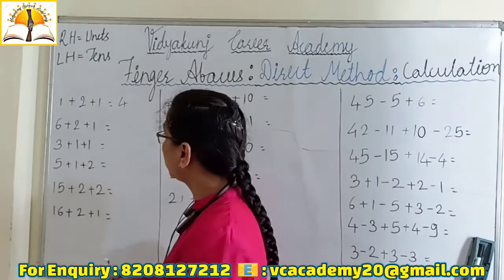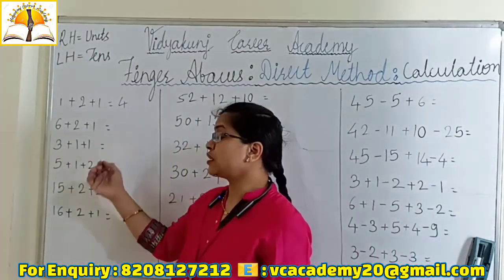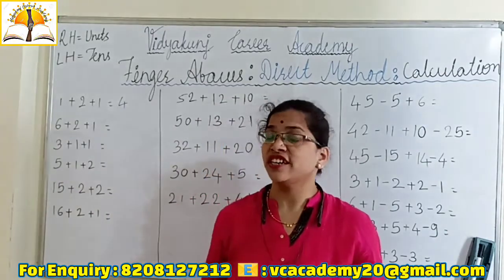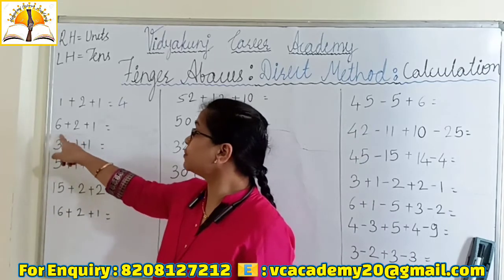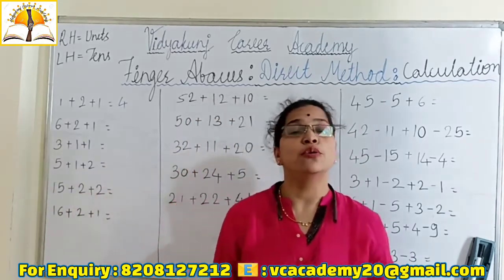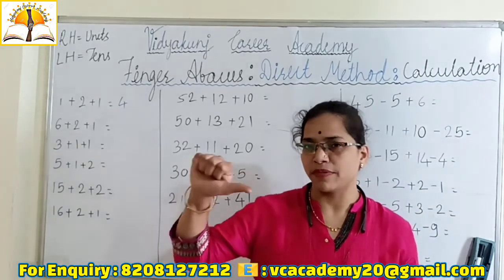Now the next one. What has been given here? 6. Here also unit numbers, so we have to take the right hand. Then how do you represent 6? You know 5 means thumb.